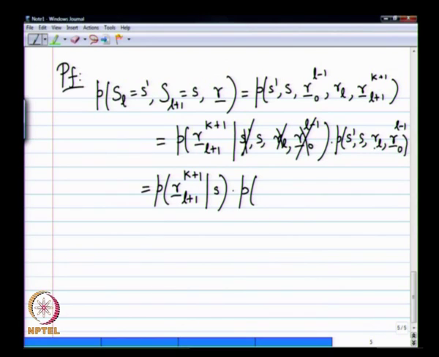S and RL happen at the last stage. You guys are all experts in reworking the solution, so you can look at the solution. So you need to get RL given S prime, R 0 to L minus 1, times what? Probability of S prime, R 0 to L minus 1.